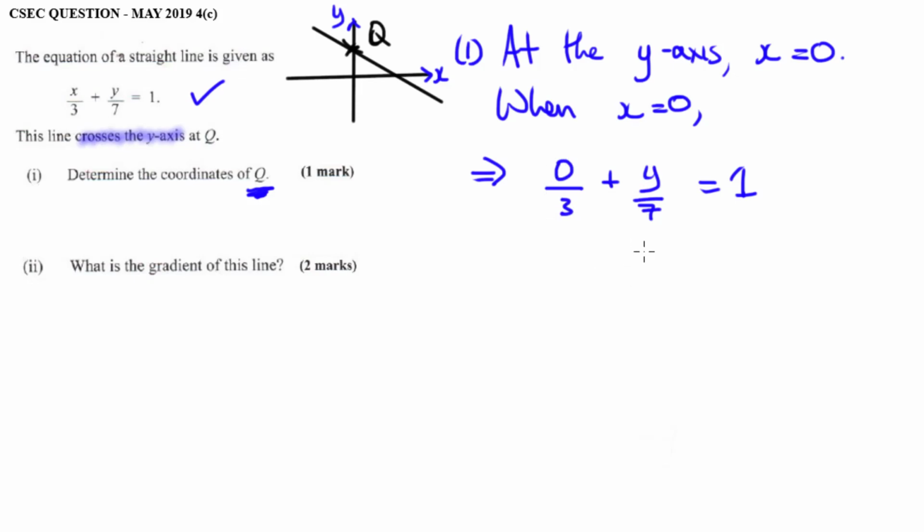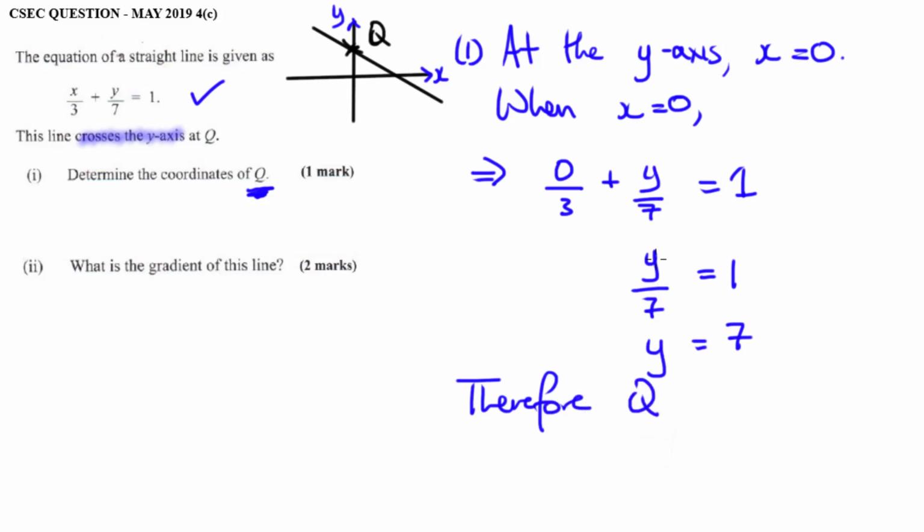A third of 0 is 0, so that means a seventh of y is 1. And if y divided by 7 is equal to 1, that means y must be equal to 7. Therefore, since we have the x value, which is 0, and the y value, which is 7, Q is (0, 7).